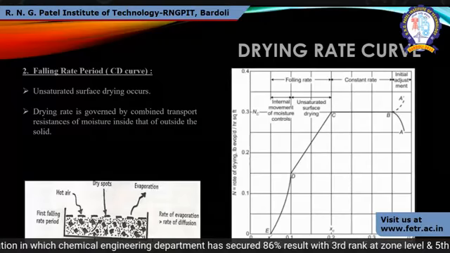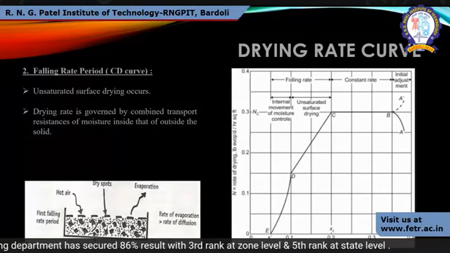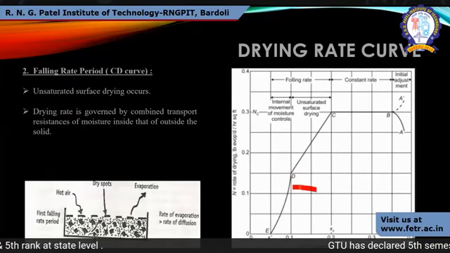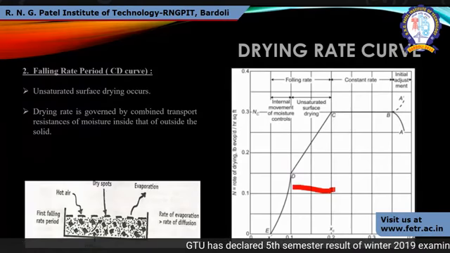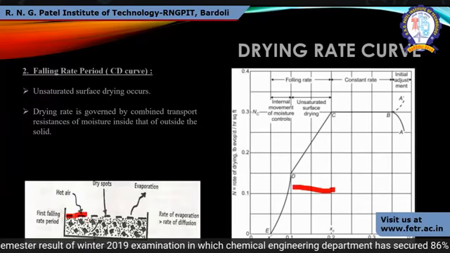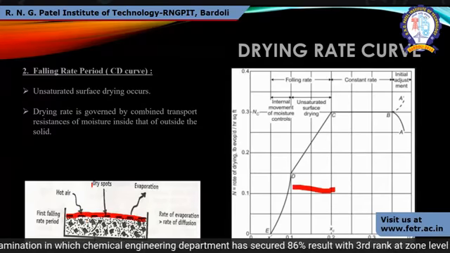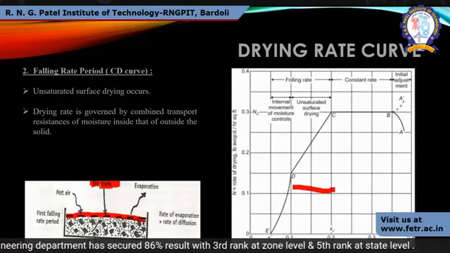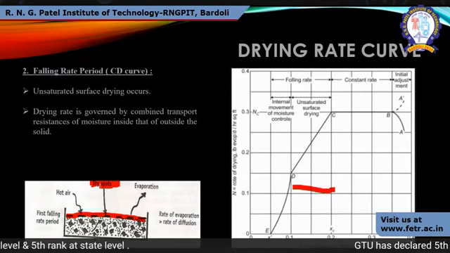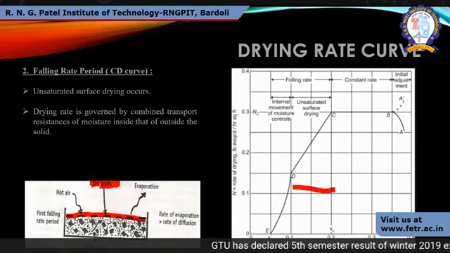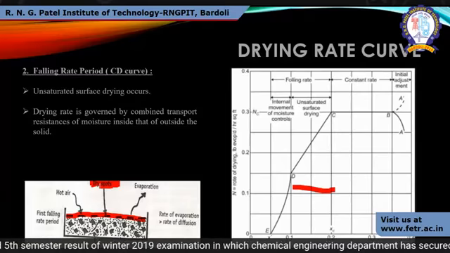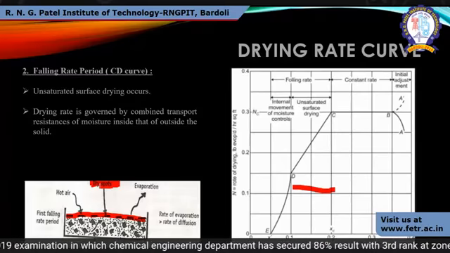Another point is the falling rate. Now, the falling rate has two different regimes. First is the unsaturated surface drying, point C to D, this curve. In the constant rate period the surface is completely moist, but now there are dry spots on the drying surface, and this will reduce our drying rate, right? Hot air comes in contact with the wet solid and evaporation takes place.